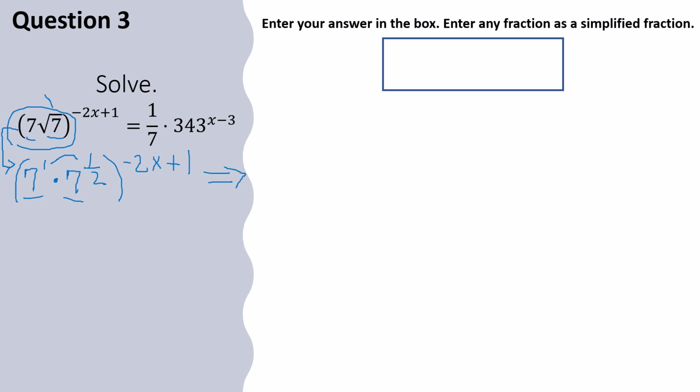So 1 plus 1/2 is 1 1/2. Write it as 3/2. So we're adding those exponents. So that would be 7 to the 3/2. All right, so we've simplified what's inside the parentheses. Now we're raising all of that to the negative 2x plus 1.